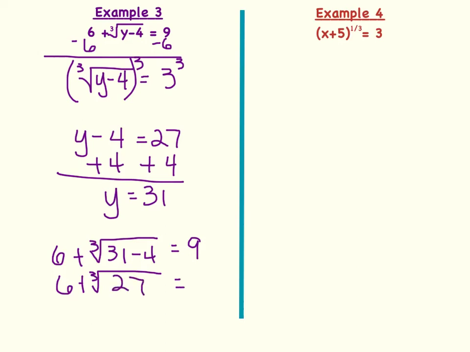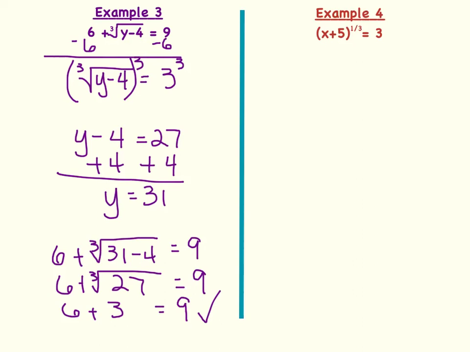So I have 6 plus the cube root of 27 should equal 9. And 6 plus, well, what is the cube root of 27? It's 3. So on the left side of the equation, I have 6 plus 3. On the right side of the equation, I have 9. And yes, they equal each other. It checks out, so I have the right answer.